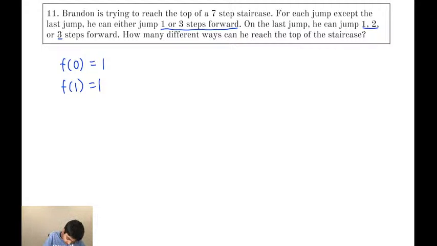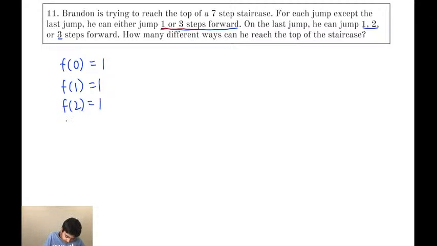F of 2, how can we get f of 2? Well, again, there's no way other than taking a 1 step from f of 1, because you cannot take a 2 step, you can only take a 1 or 3 step. So you cannot take a 2 step from f0. So f of 2 is just going to be equal to 1 again.